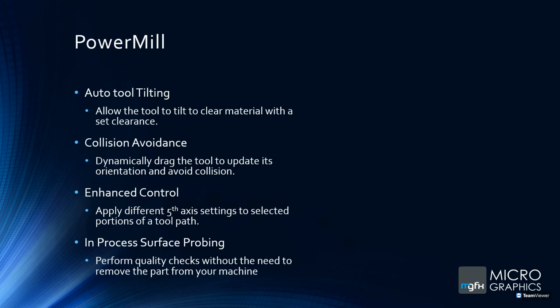So the first one is auto tool tilting, and auto tool tilting will turn your 3+2 axis machining into fully fledged 5-axis simultaneous machining. What this means is that you can have all 5 axes of your machine working at the same time to give your tool the best orientation possible for machining.